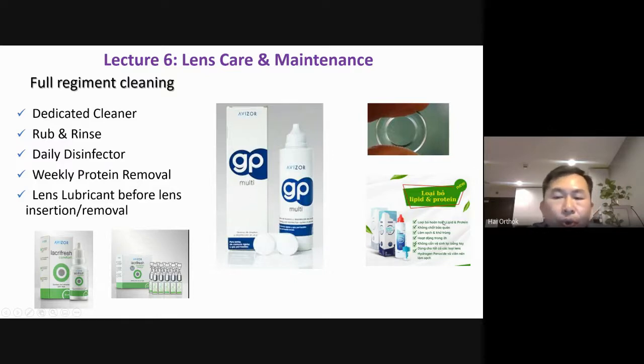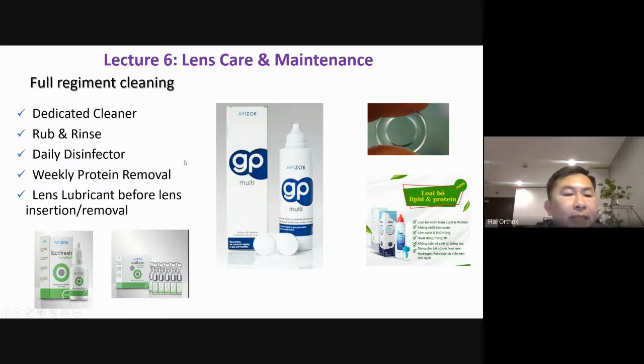And patients who are more careful with the cleaning and lens care can use both products. They use GB Multi one day and then switch to Everclean Plus another day. That is the best way to clean and disinfect the Ortho-K lens for the Ortho-K user.